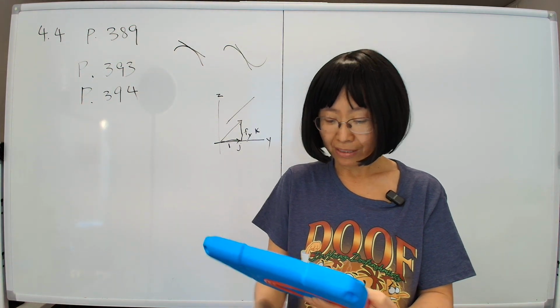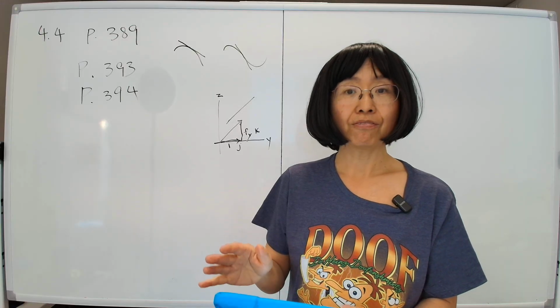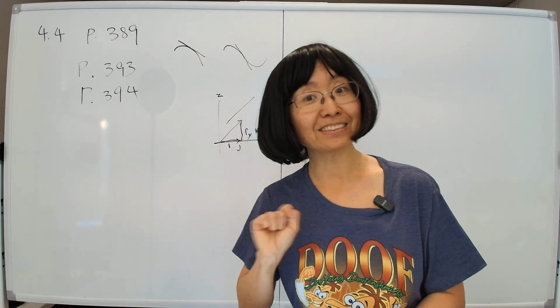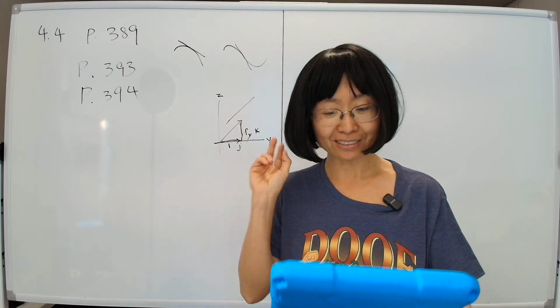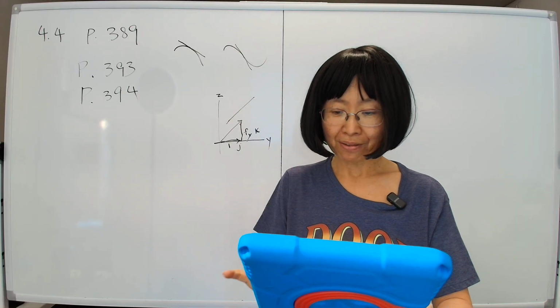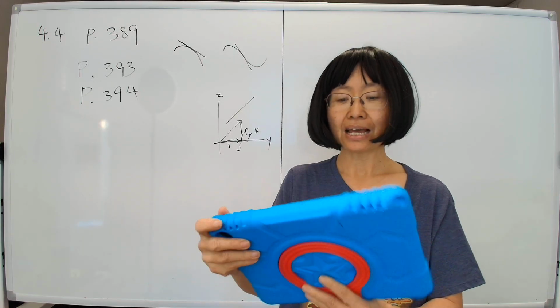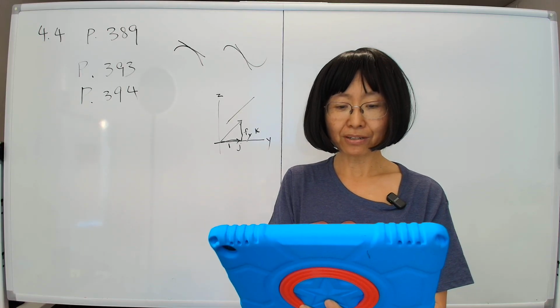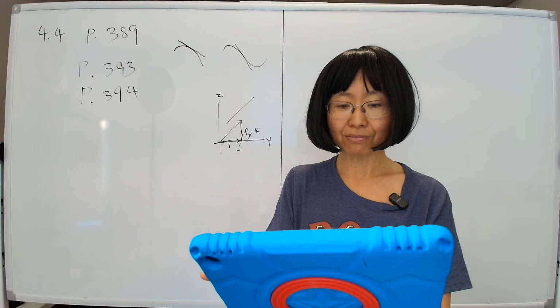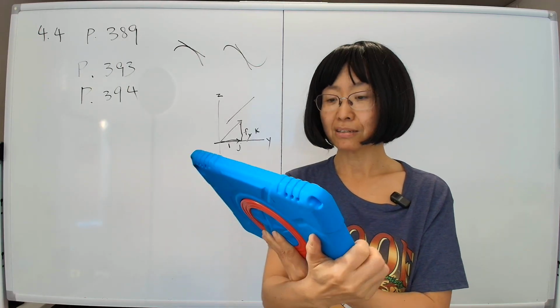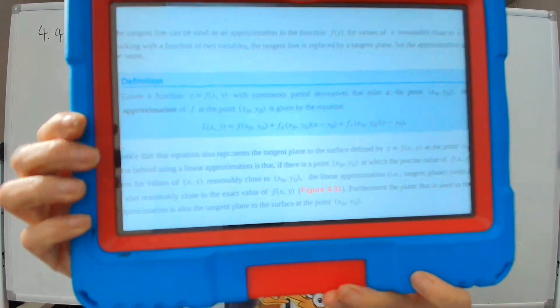But anyway, we've done that in Calculus 1 for one-dimensional functions, and guess what we're going to do now with the tangent plane? We're going to do it with two-dimensional functions. The approximation is exactly the same as in Calculus 1. Look down at the definition. You use the tangent plane to approximate the function at a nearby point.